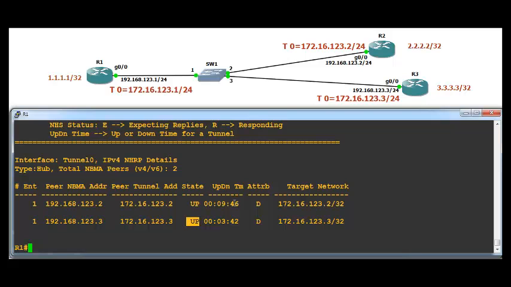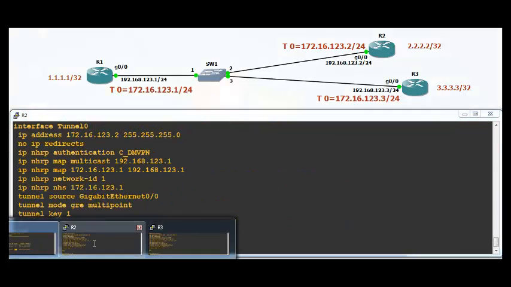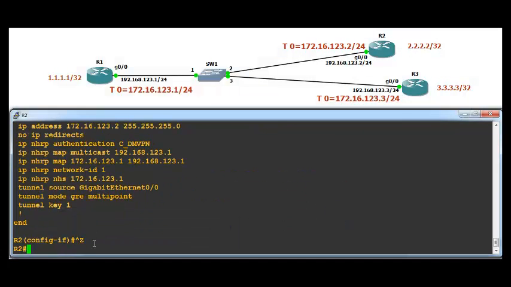And how long they are up? This many minutes and this many seconds. What is the attribute? D means what, you know? Whether they are dynamically learned or static. Dynamically learned. R1 has learned R2 and R3 dynamically. R2 and R3 voluntarily came and registered with R1. Let us see the same command on R2. You will find some difference there.